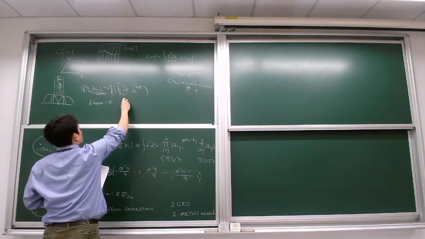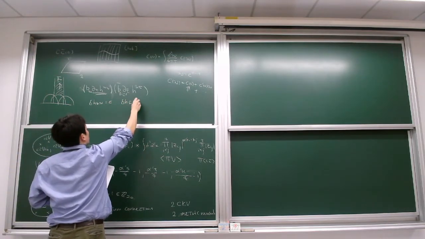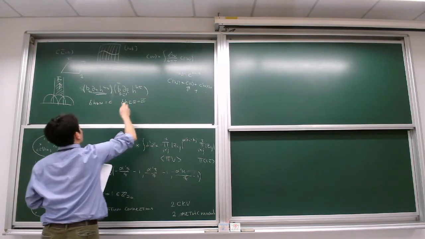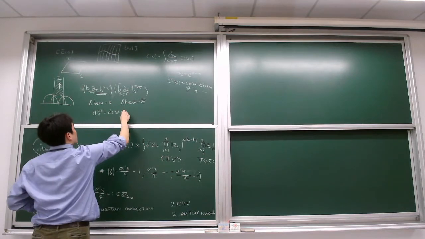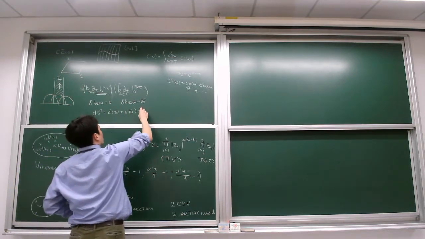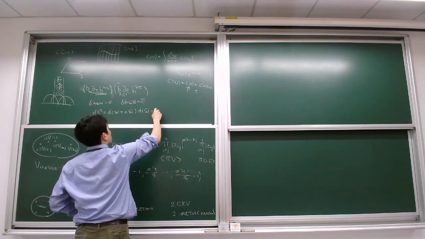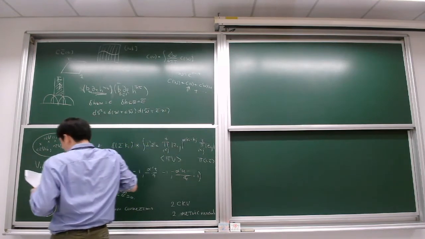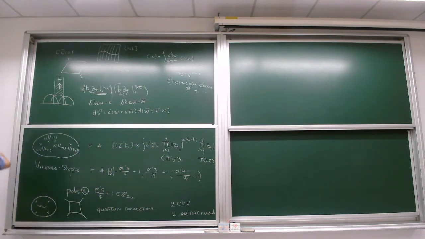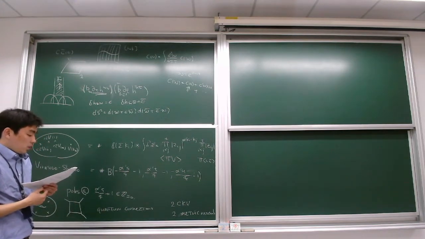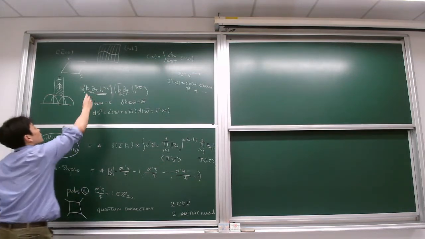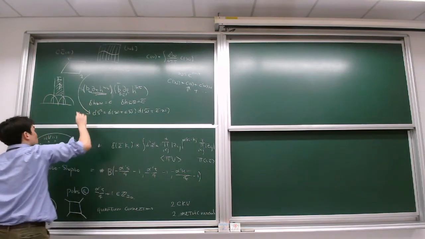So we have some infinitesimal deformation of the metric, so that the metric can be written as follows: dW plus epsilon W bar, dW bar plus epsilon bar W. So if you perturb from here to here, okay.